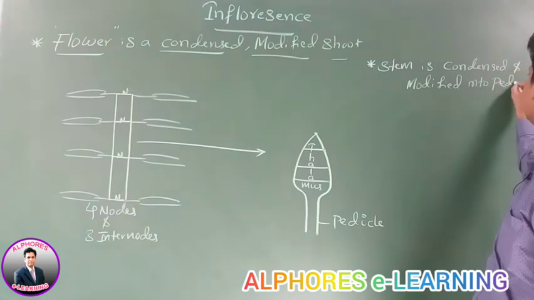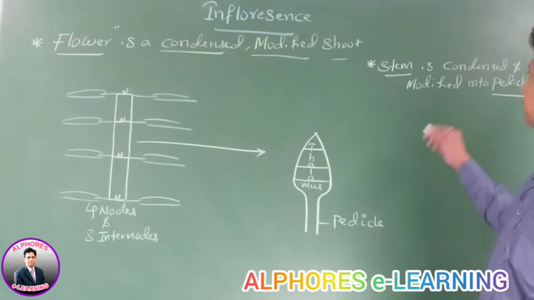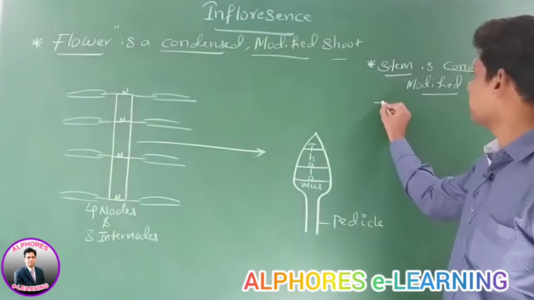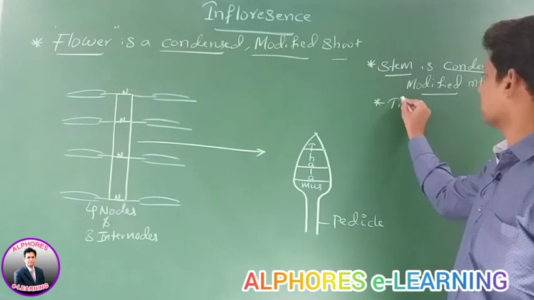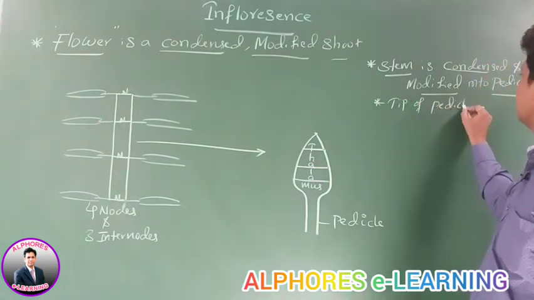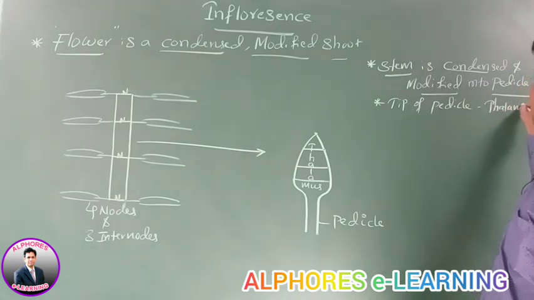Pedicel. Is it okay? Therefore, stem is condensed and modified into pedicel. What is the tip of the pedicel called as? Thalamus. Tip of the pedicel is called as a thalamus.